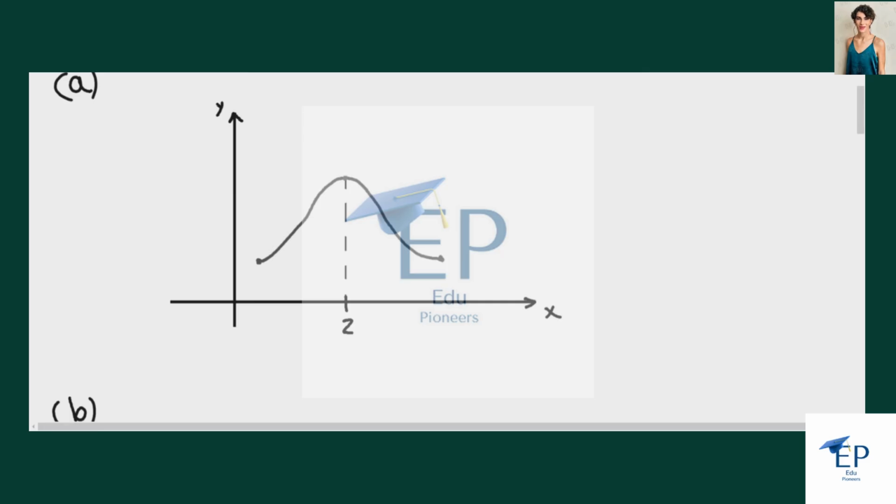local maximum occurs. So by Fermat's theorem, f derivative at 2 has to be equal to 0.